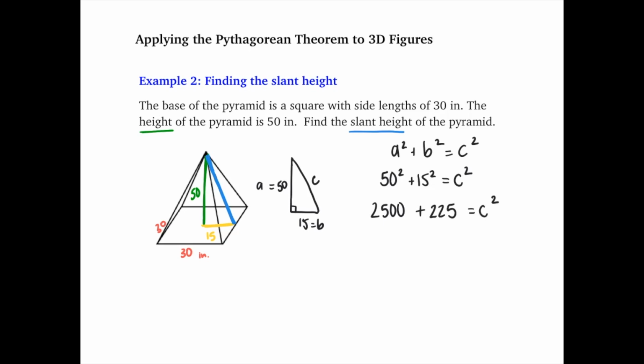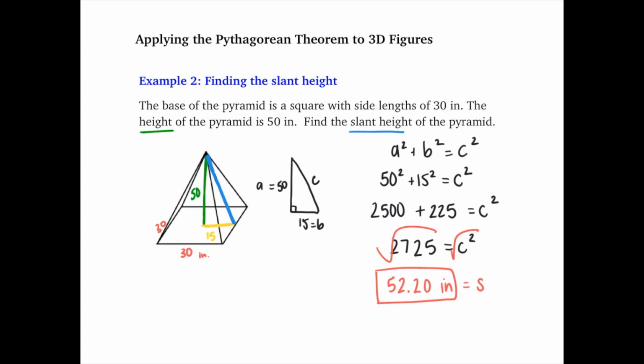Together, those would be c squared, so I'm going to end up having 2,725, and that's what I need to square root. Also not pretty, but if I stick to my hundredths, it would be 52.20. So 52.20 inches would be my slant height.